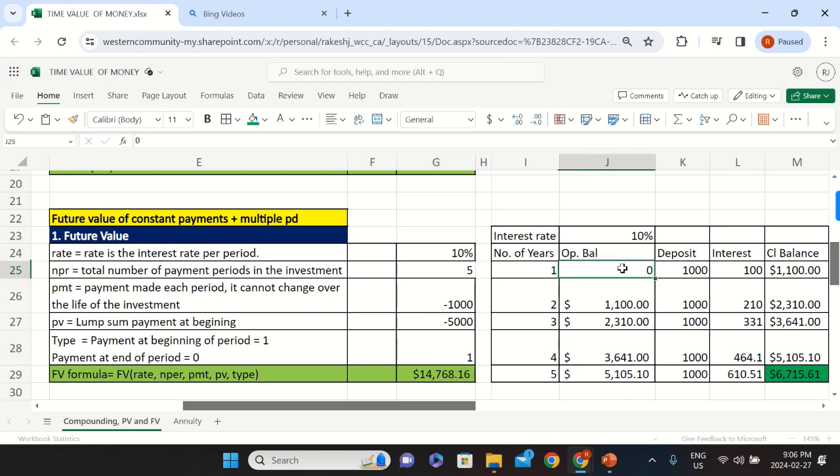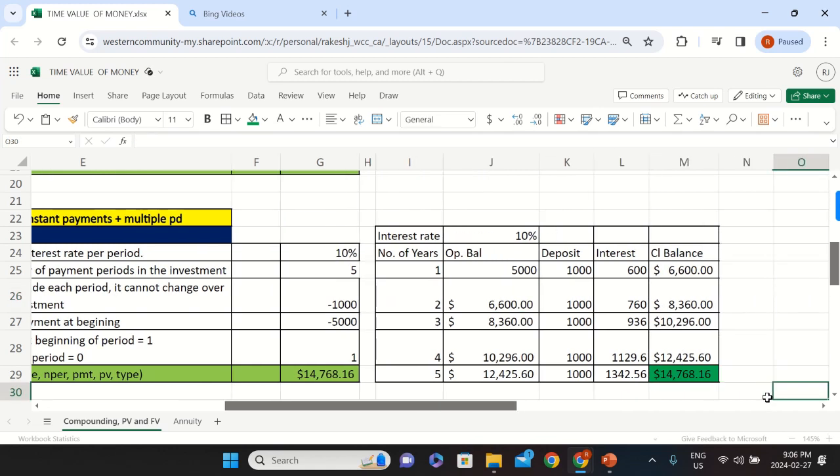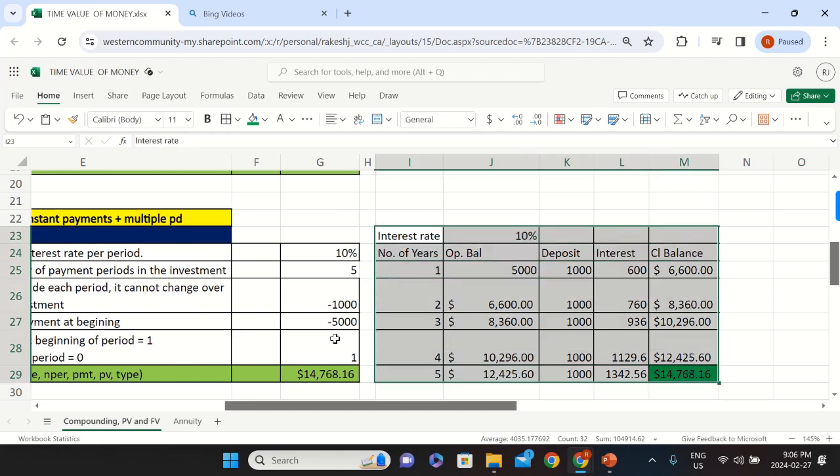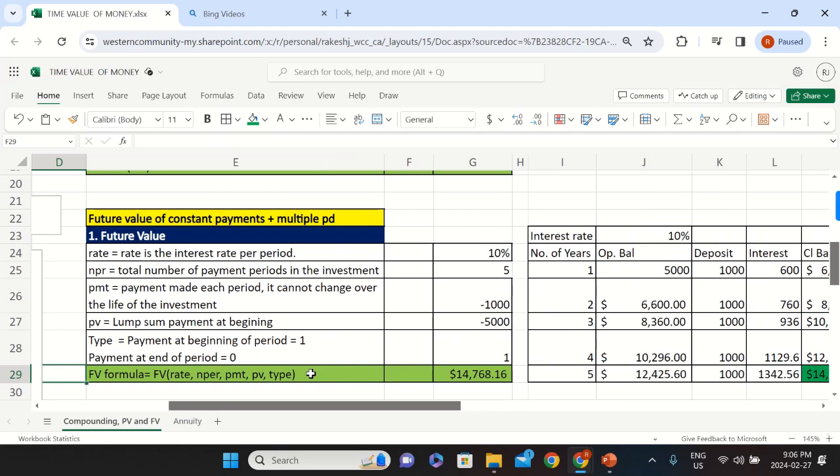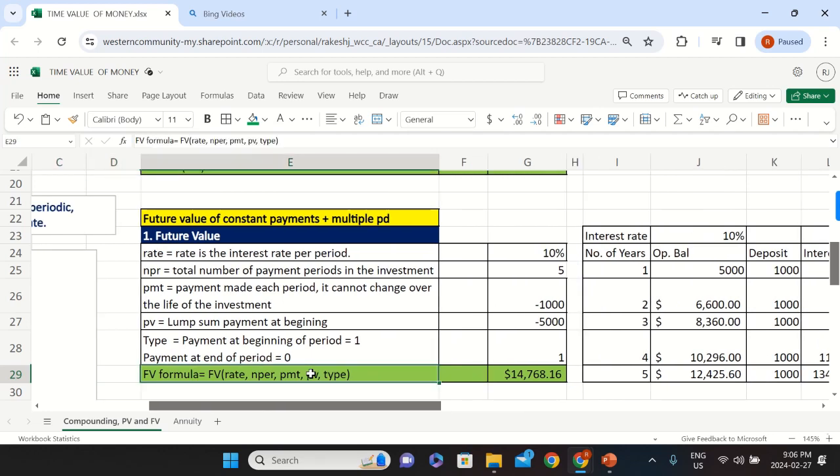The same thing we can calculate here. Let's say we have $5000 here at the beginning of the period, enter, and here you will find the same answer, right? Exactly the same answer you will find here. This is what we have done manually, and this is what we have done with the help of the formula which is available in Microsoft Excel.